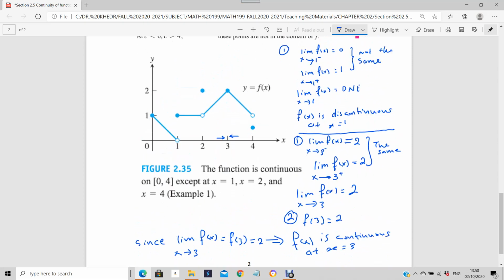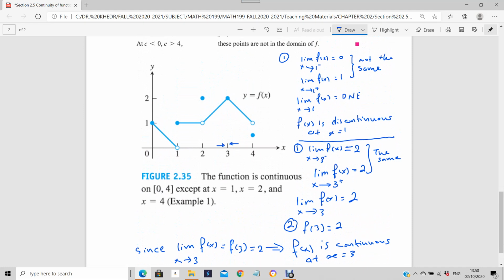Now for the left end, for the left end at x equals 0, you can see here the left side limit of the function does not exist because the function is not defined for x less than 0. But the function is defined for values greater than 0. So we are interested in the right side limit.